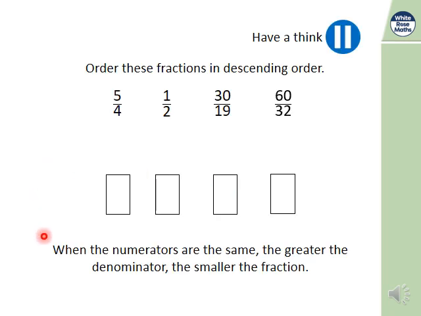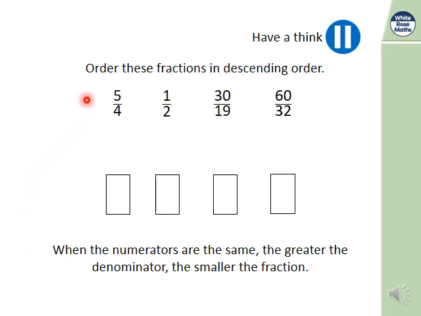This time it's your turn. Pause the video and have a go. Can you order these fractions in descending order? So if ascending means going from smallest to largest, descending means going from largest to smallest. And you remember that rule, when the numerators are the same, the greater the denominator, the smaller the fraction.